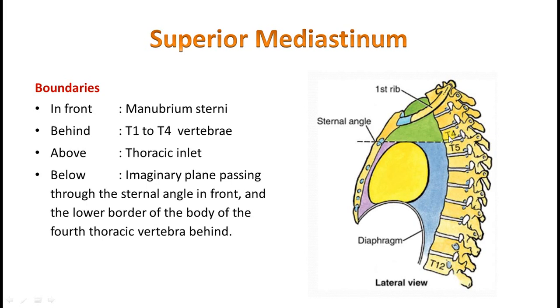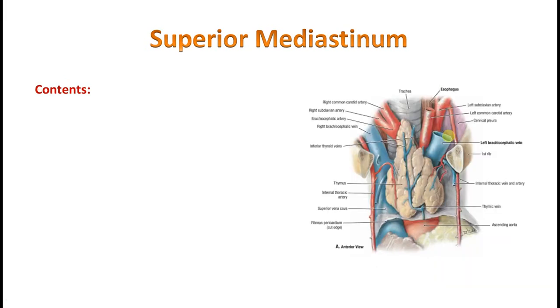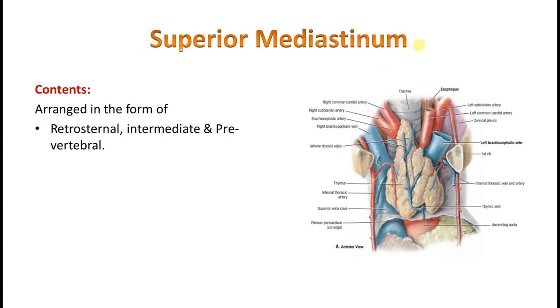Now let us enumerate the contents, how they are present in the mediastinum. For the sake of our understanding, the contents can be divided into three layers. Immediately behind the sternum, the anterior most structures are called retrosternal because they are present just behind the sternum.